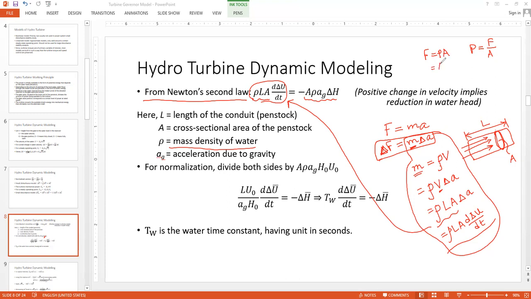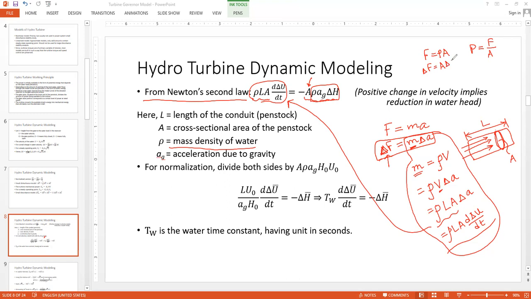Now we keep A, the cross-sectional area, because A is there, and we have to think about the remaining three terms. And this is the pressure, because we are looking for incremental. Okay, let's make it incremental form. So del F, remember we are looking for del F. So del F is the cross-sectional area, because the pipe area is not going to be changed, the cross-section of the pipe.